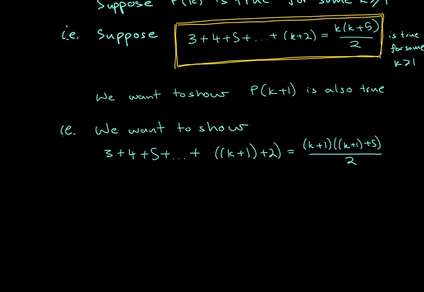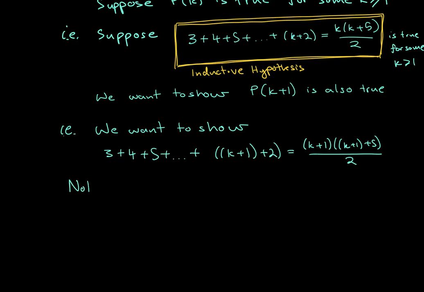By the way, this yellow box is called the inductive hypothesis. I'm assuming the inductive hypothesis, and I am going to use that to show, hopefully, that this is true.